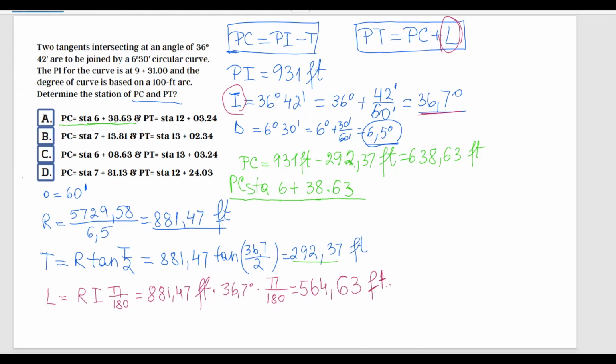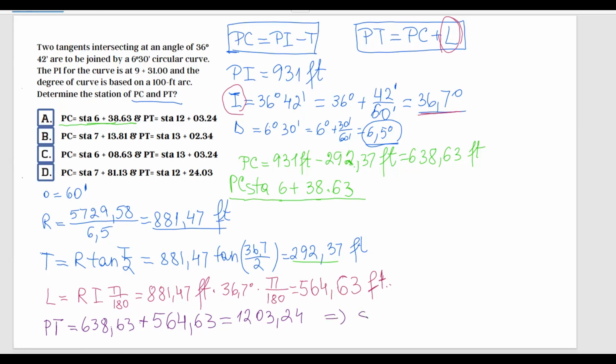So I'll write it down here. PT equals PC, which is 638.63, plus the length of curve, which is 564.63, and you're going to find that PT is equal to 1203.24.